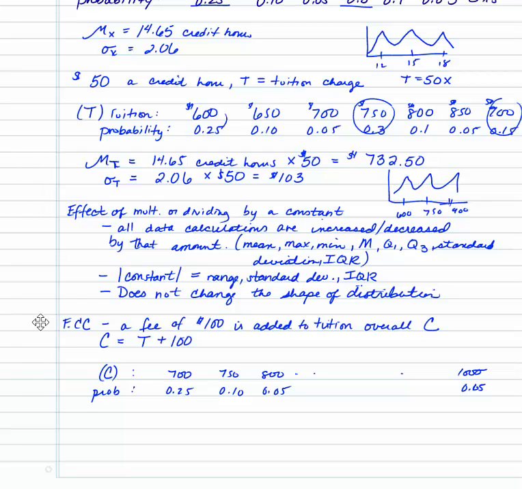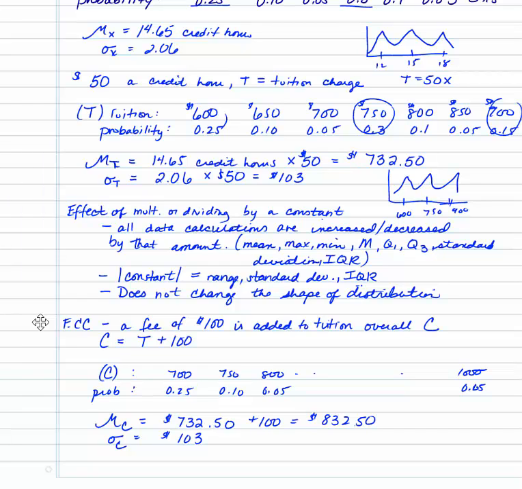And what do you think would happen to my mean and my standard deviation? If my mean before was $732.50, I'm assuming that everyone's going to be paying an average now of $832.50. And if the standard deviation was $103, give or take $103, I believe that would stay the same.